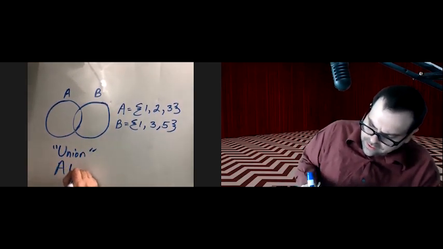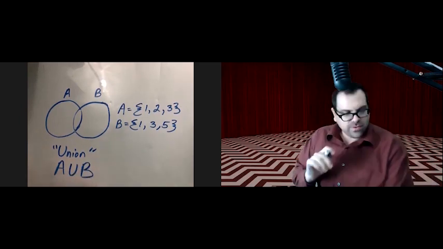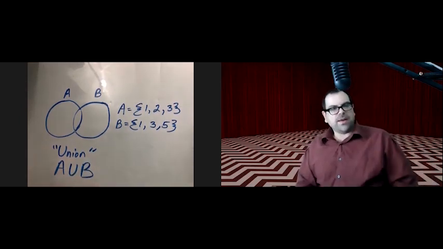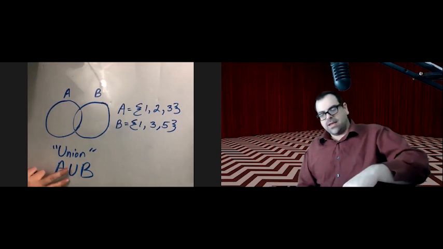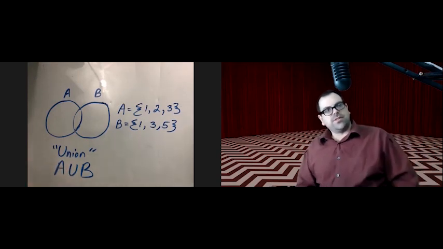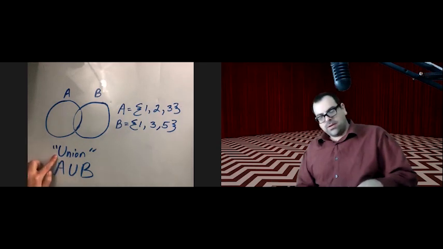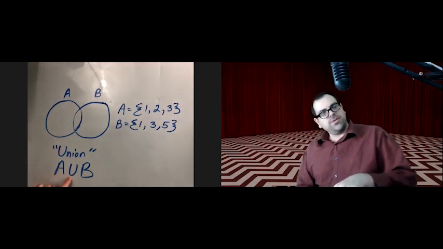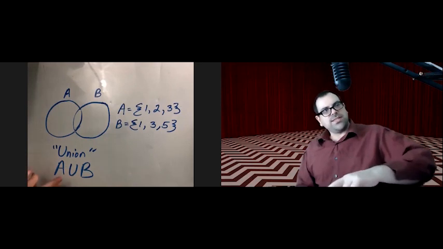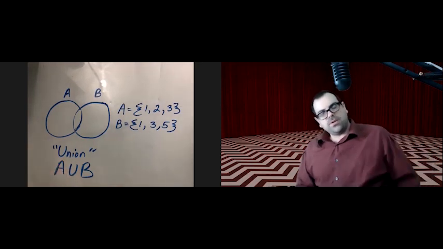And the union is an actual capital U looking thing. So it is the upside down version of the intersection symbol. Union, capital U, just like the U symbol. Intersection's the other one, that's the upside down U.